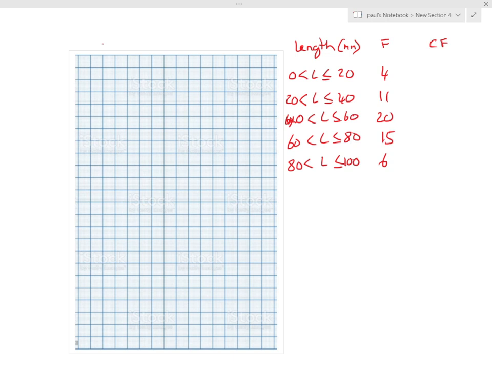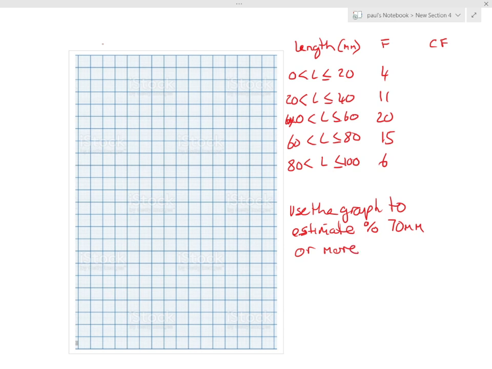And the question is, use the graph to estimate the percentage of 70 millimeters or more.